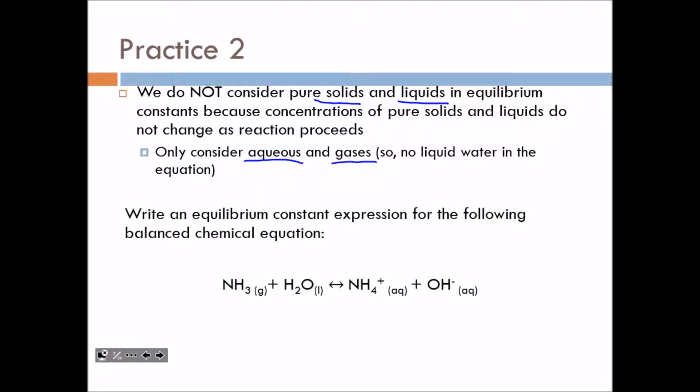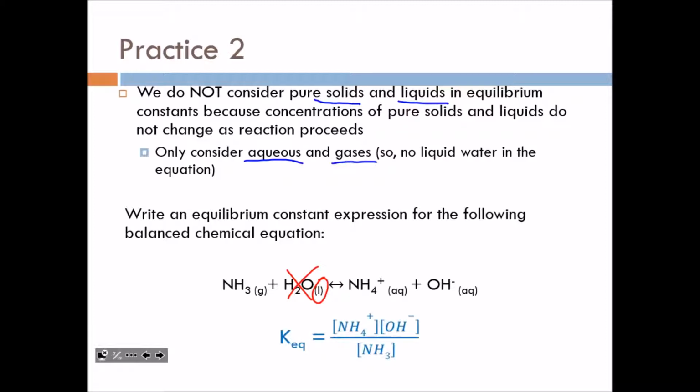So if we were writing an equilibrium constant expression for ammonia reacting with water, giving you ammonium ion aqueous and hydroxide ion aqueous, which one would we not include? The water, it has an l next to it, we're not going to include it. It's not going to affect the equilibrium position because its concentration is not going to change.